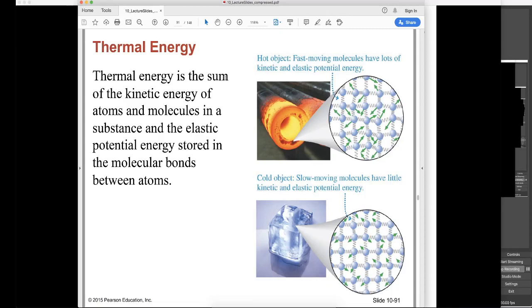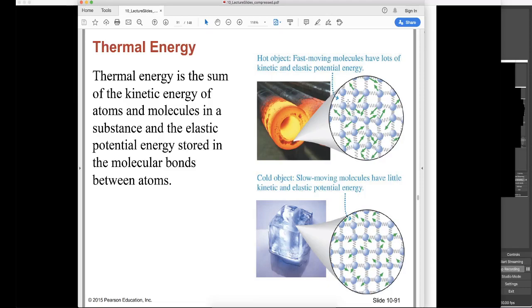So why does an object have thermal energy, or why does an object have a temperature? Simply because the molecules in the object have energies, and if you sum all of those energies up, you get the thermal energy of the object.